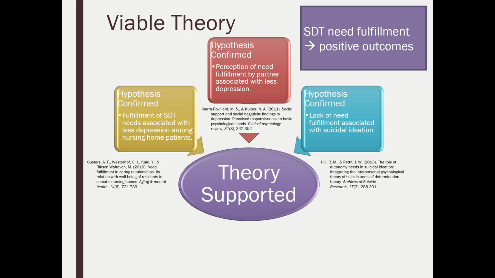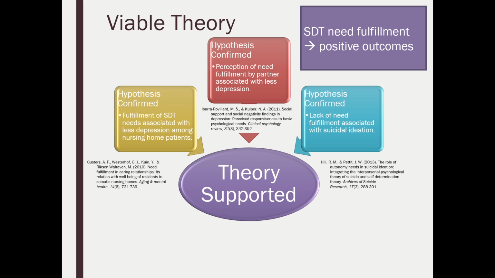They definitely use different methods. They use different subjects. We have nursing home patients. We have people in a romantic partnership. I don't remember who the participants were in the suicidal ideation study, but I think it was college students. So we have different subjects.